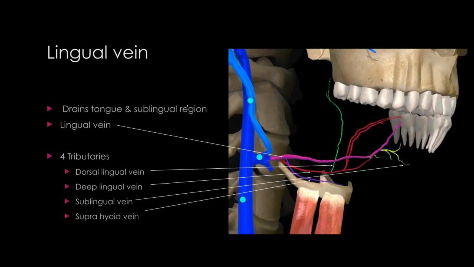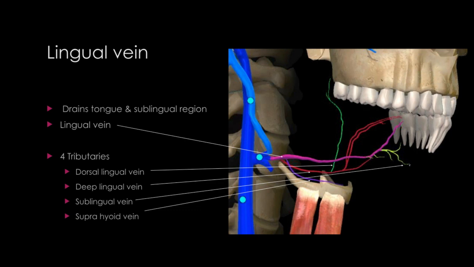Coming to the next vein, the lingual vein. The lingual vein drains the tongue, as the name suggests, as well as the sublingual region. So, the vein which is colored in dark pink color here is the lingual vein. The lingual vein has four main tributaries. One which goes here is the dorsal lingual vein, and the one in red color is the deep lingual vein.